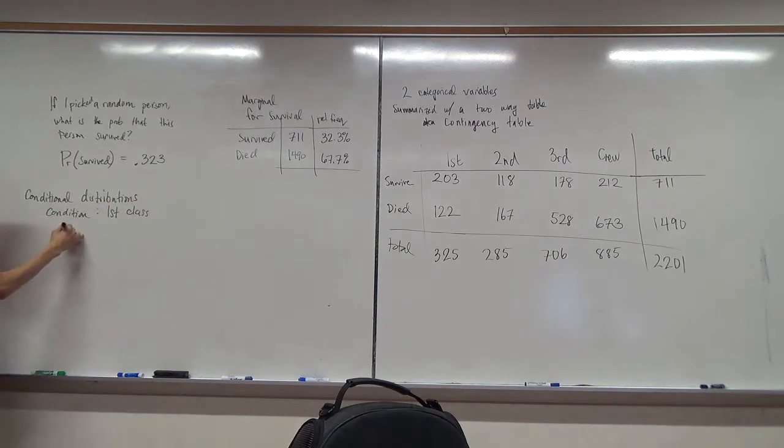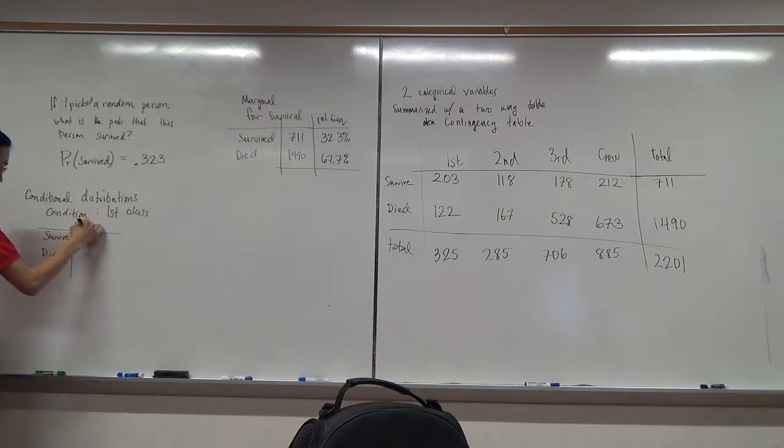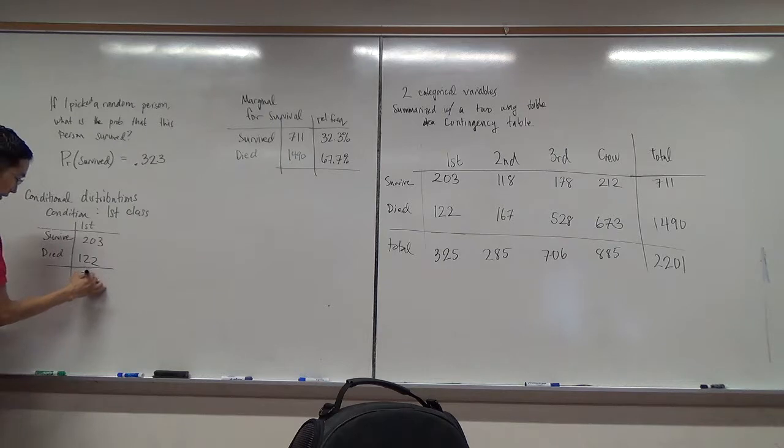So essentially, the only information relevant to us would be this portion of the table. We have 203 passengers who survived, 122 first-class passengers who died.